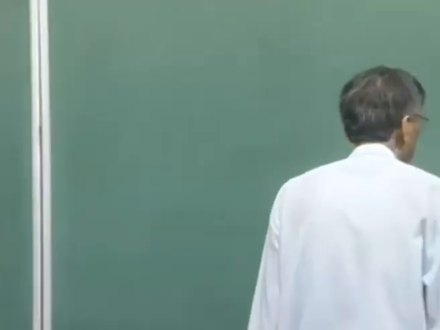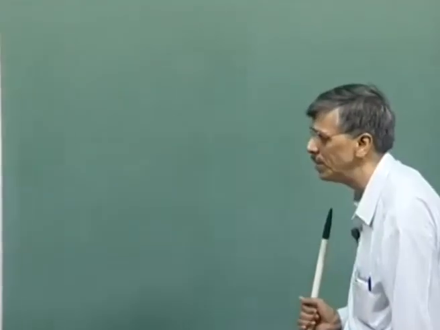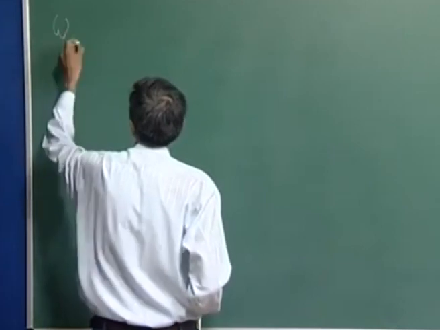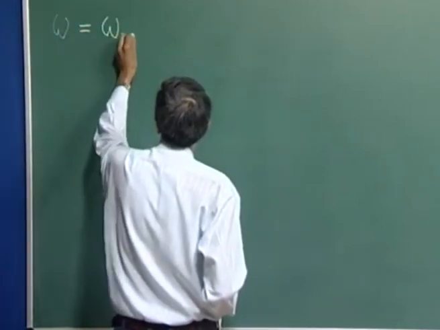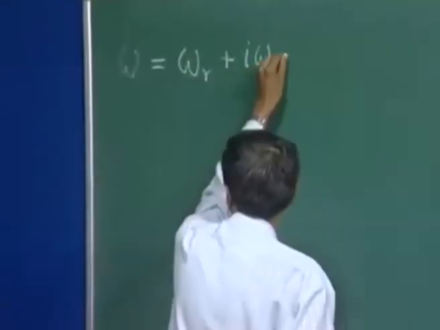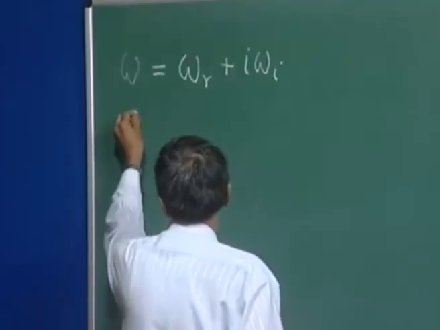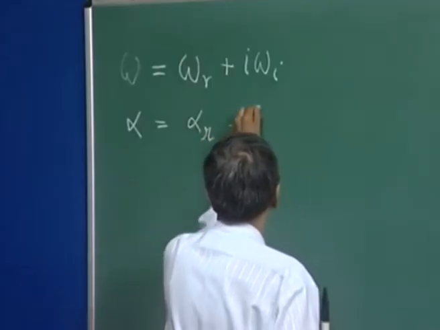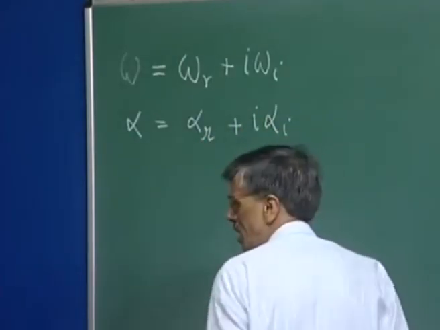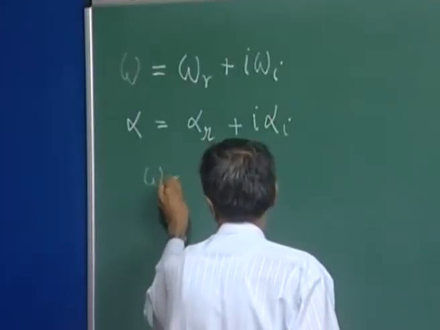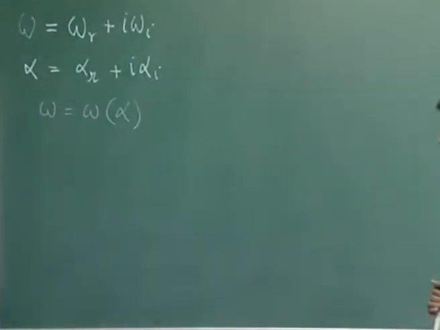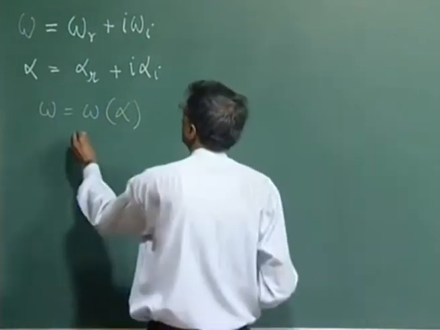So, if we write omega as omega r plus I omega I, and write one of the wave numbers in the x direction also similarly like this, then we could write omega as a function of alpha.